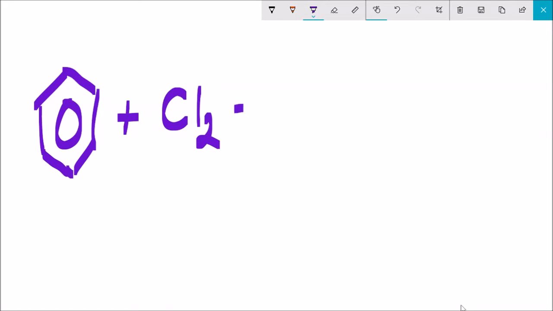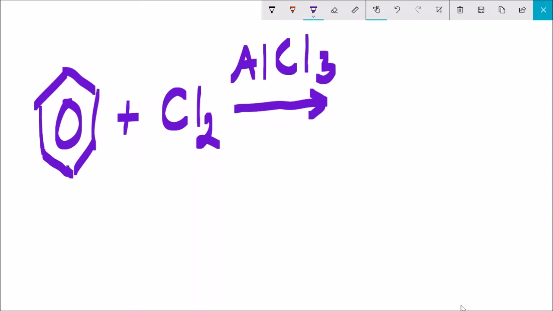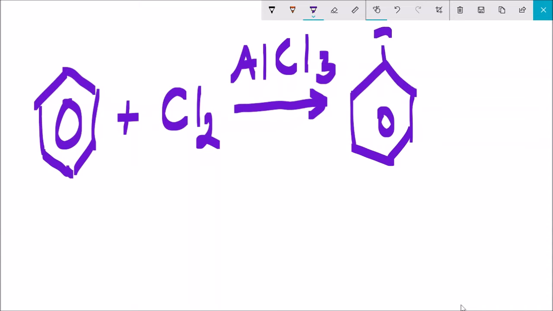In the presence of AlCl3, aluminum chloride catalyst, one chlorine atom is going to replace one of the hydrogens of the benzene ring, and the hydrogen will go with the other chlorine atom to form hydrochloric acid, HCl.